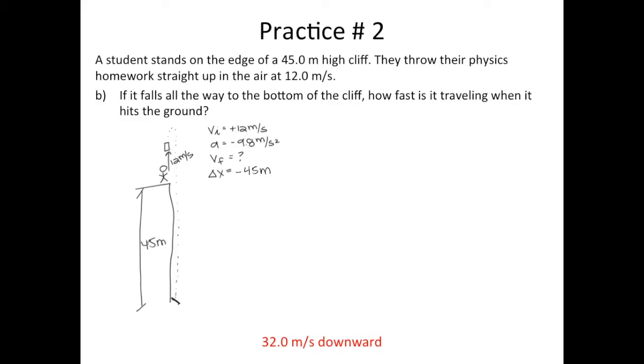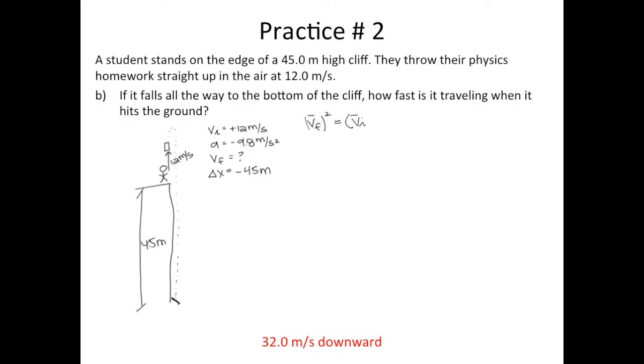So if we take these 4 variables and find an equation, it's actually a different one this time. It's going to be v final squared equals v initial squared plus 2a delta x. Sorry, I haven't been good about putting my vectors on top.